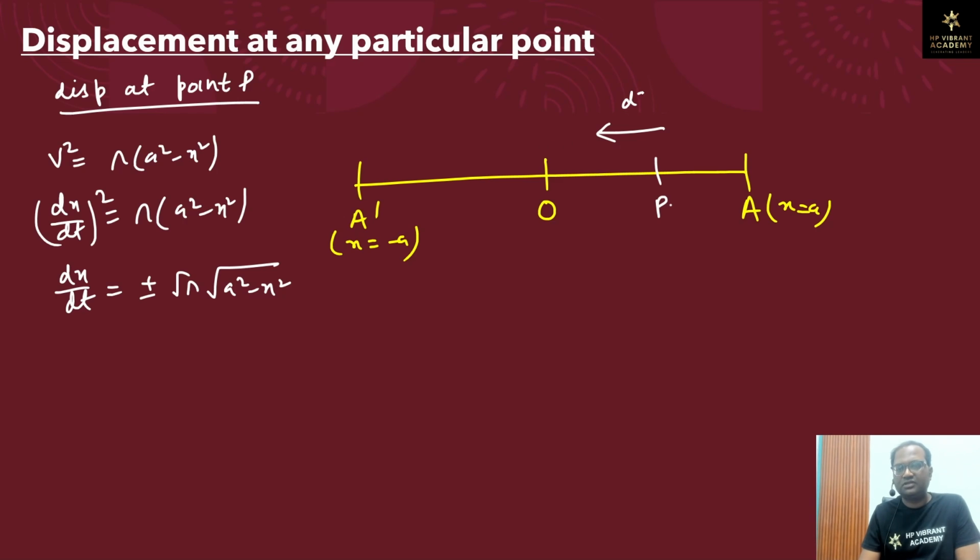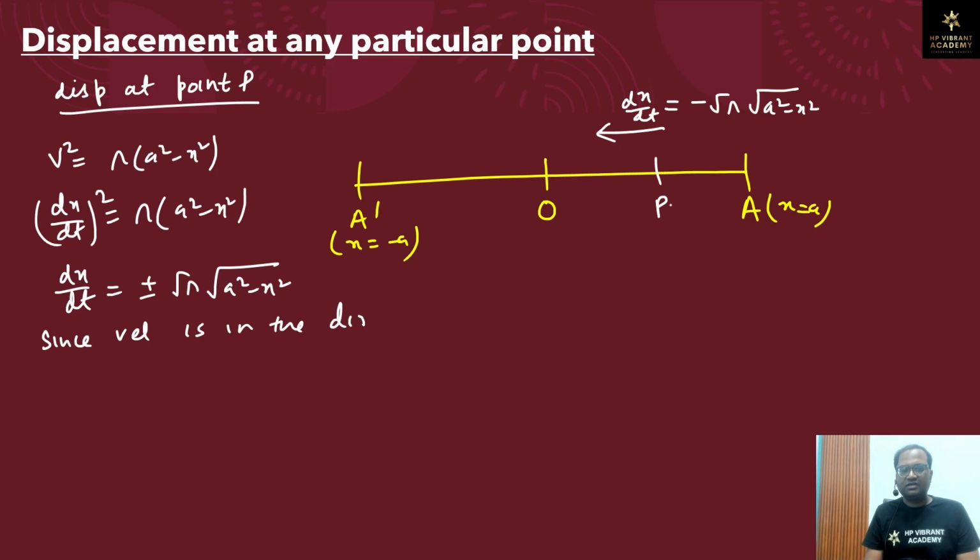The velocity at point P is in the direction of x decreasing. So we have dx/dt equal to minus root mu root under a square minus x square, because we are considering the motion from A and the velocity is in the direction of x decreasing. Since velocity is in the direction of x decreasing, we are taking the negative sign.